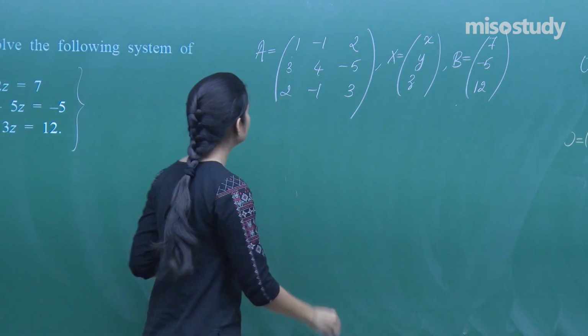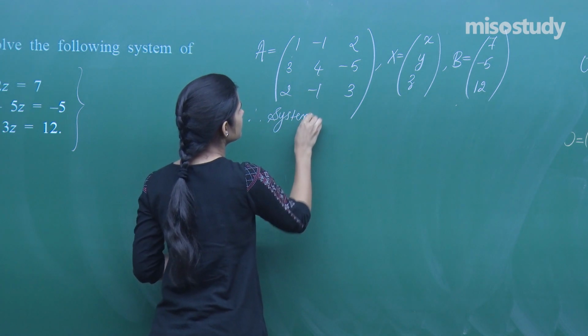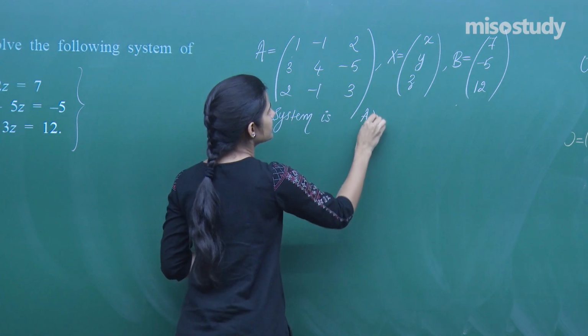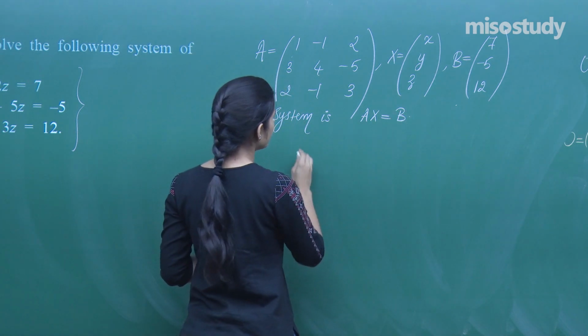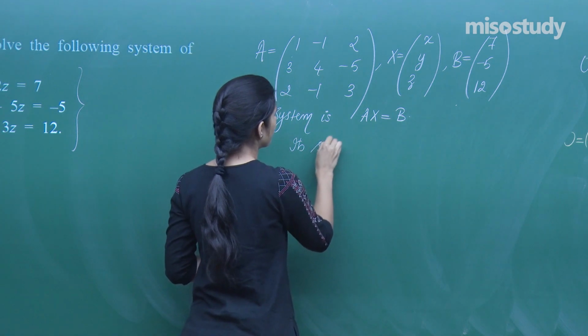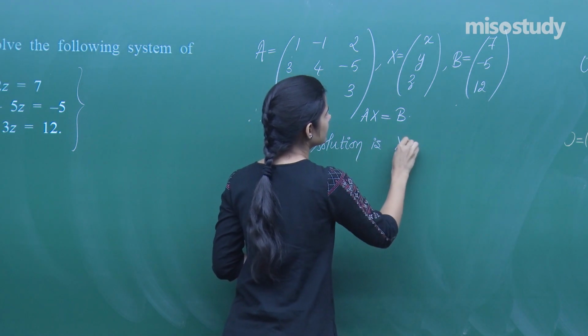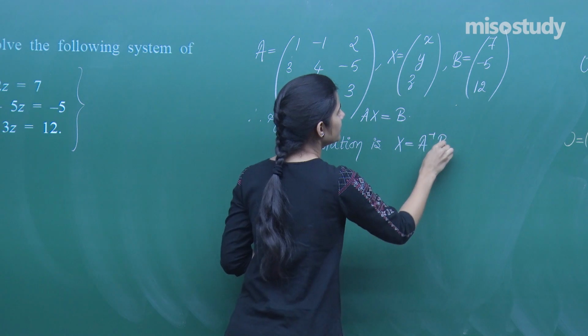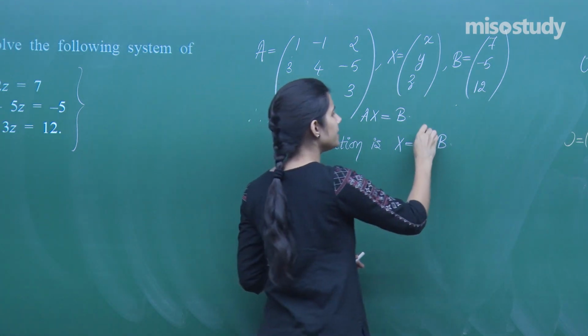Is it clear? Therefore, the system is AX equals B, and its solution is given by X equals A inverse B. Is it true or not? This will be true only when A inverse exists.